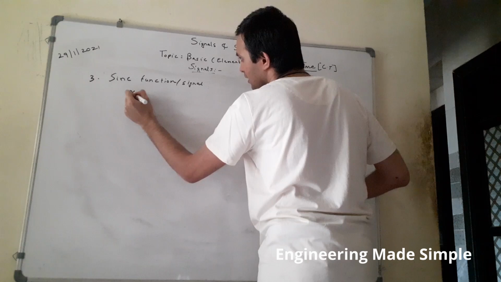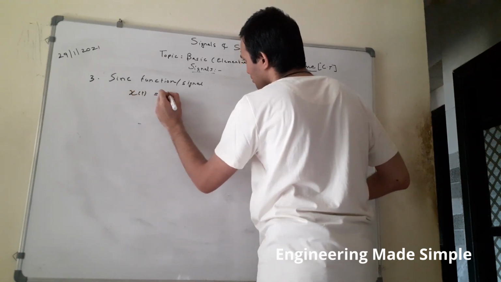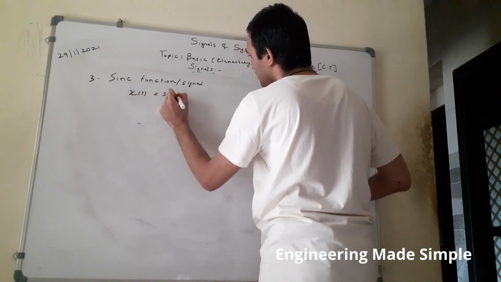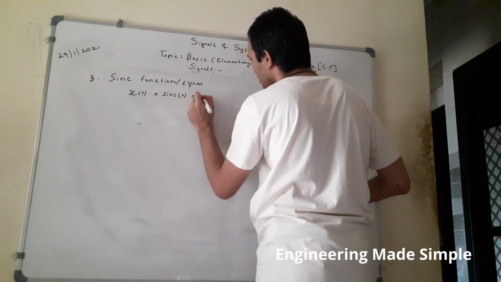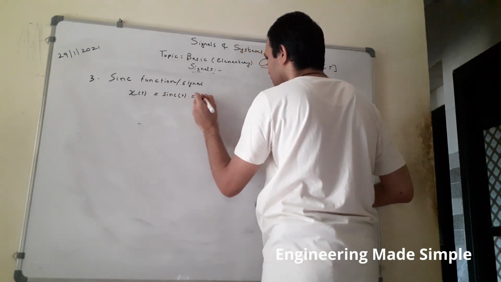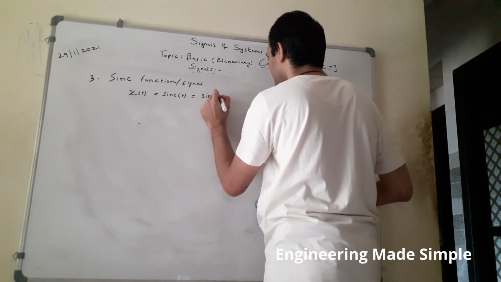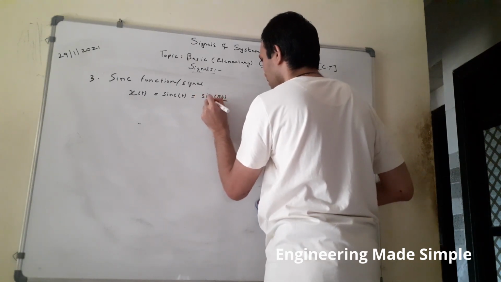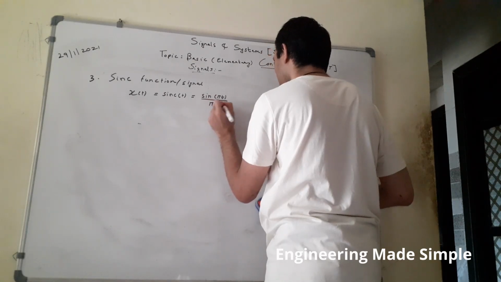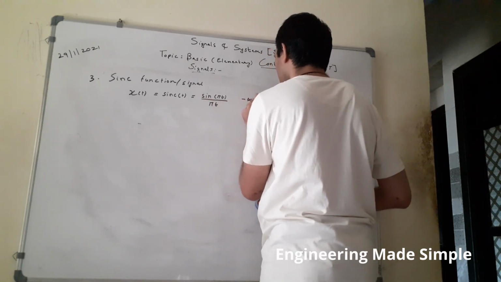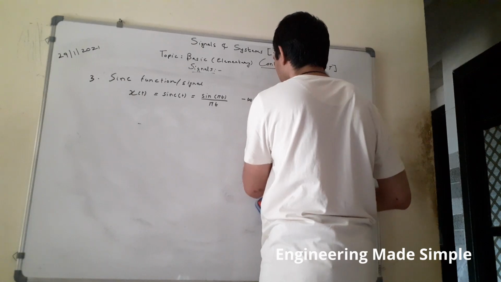Now the sinc signal is defined as sinc of t equal to sin pi t divided by pi t, for t from minus infinity to plus infinity.